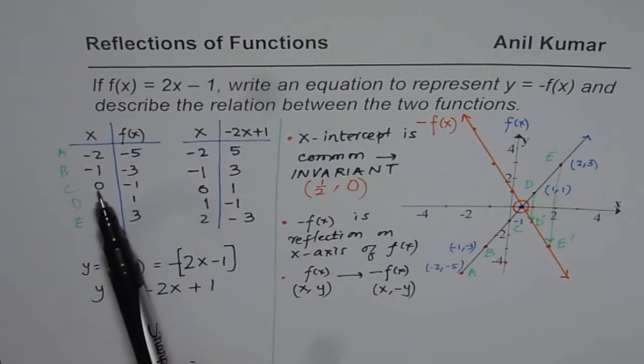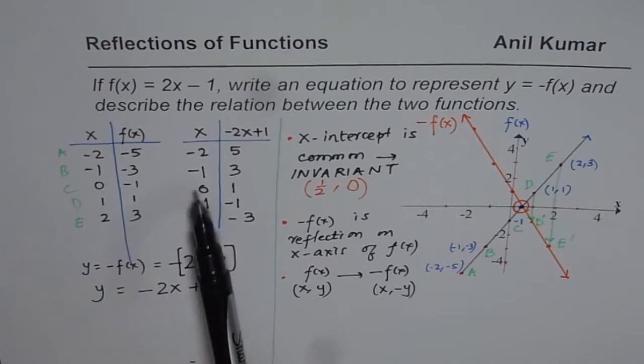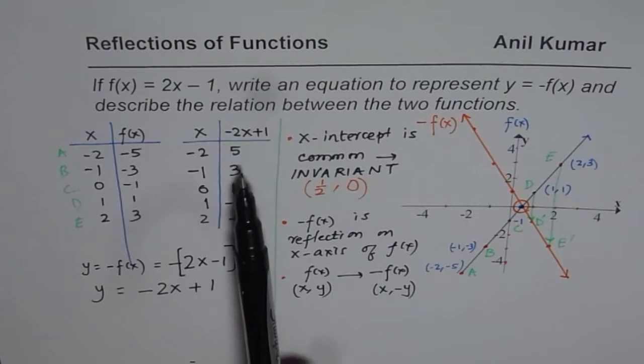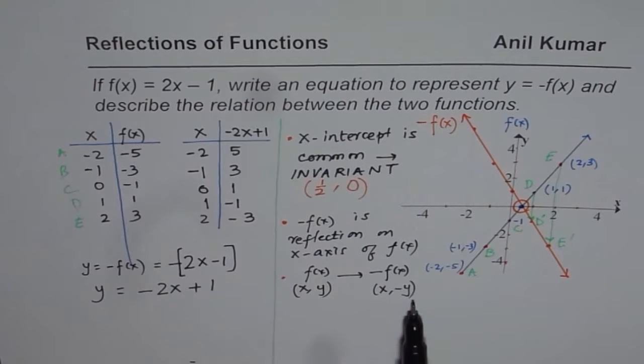Do you see that? 0 minus 1, 0 plus 1, 1, 1, 1 minus 1. So here the signs have changed for y. So in general, you can write the transformation as the coordinate points (x, y) change to (x, -y). So these are the changes which we see on the points on the graph.